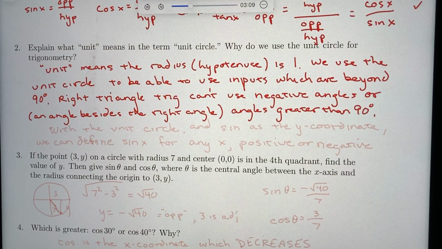So we use the unit circle to be able to define sine of x for any x and cosine x for any x. And tangent and everybody else.